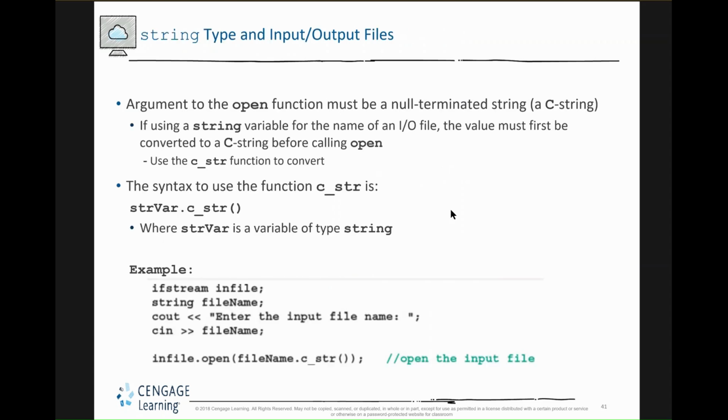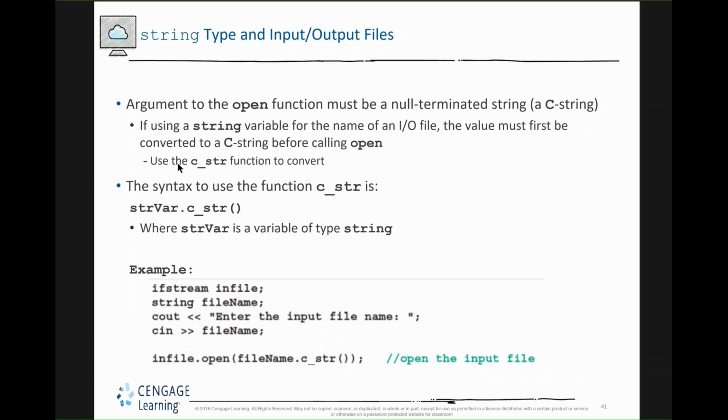Okay, a little more information about string types and input-output files. The argument to the open function must be a null-terminated string, right? So you have to have that null termination on your string. If using a string variable for the name of an input-output file, the value must be converted to a C string before you can open it.